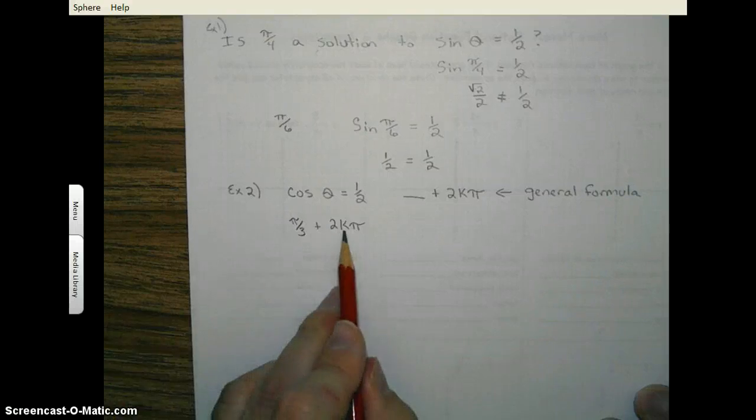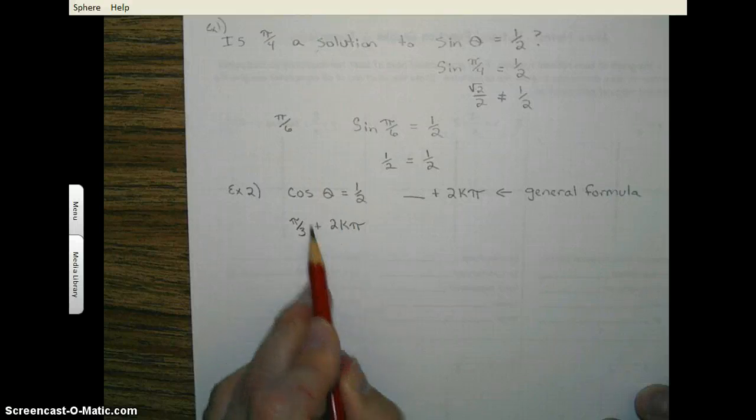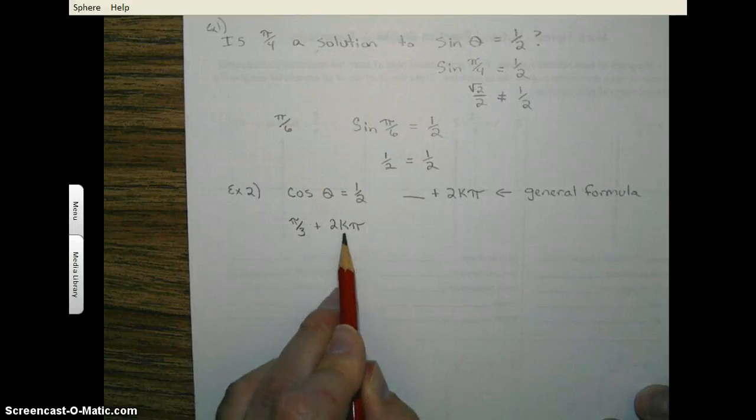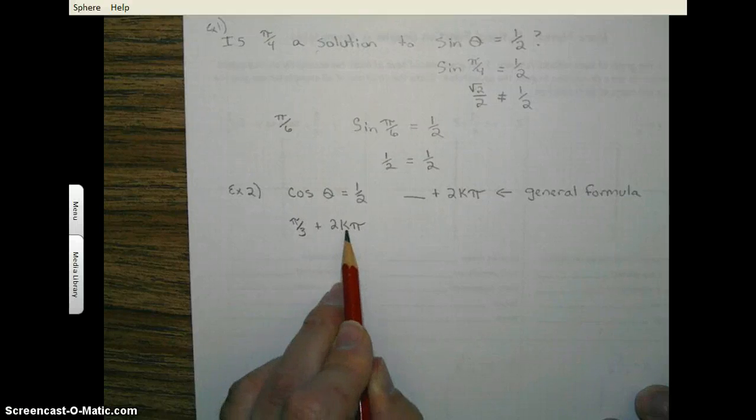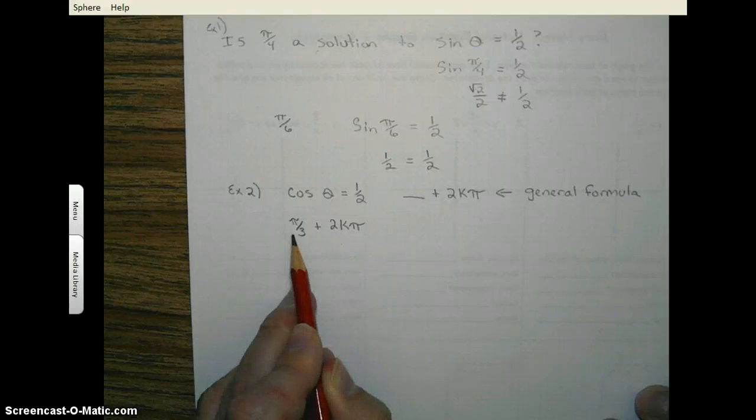So for example, if it is on the first time around the unit circle, k would be 0. K is any integer, so 0 times 2 times pi is 0, giving us a value of pi over 3.